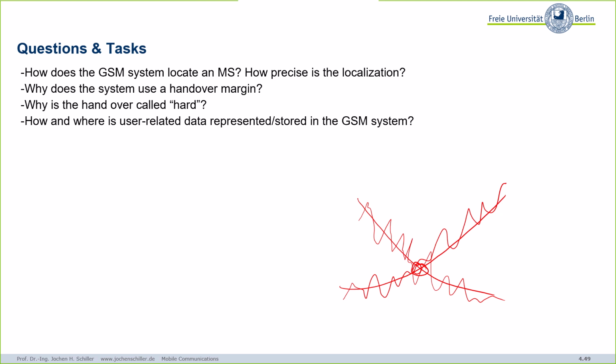In the end, also in the SIM. The SIM definitely has some user-related data, but who else knows of your existence and of the existence of your device?